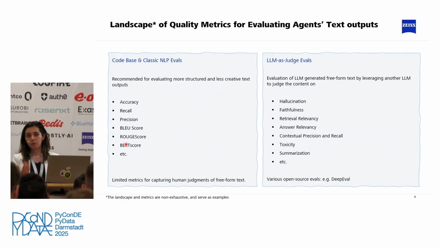And there are openly available repositories and different tools that one can use. For example, DeepEval is one of them, but there are many different openly available libraries that one can leverage. So that's to set up the stage.